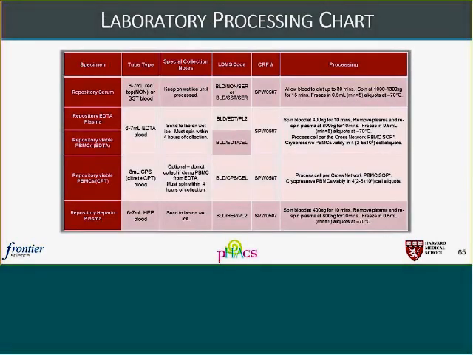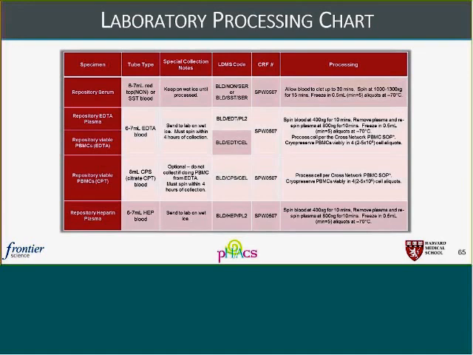The second major tool that we're going to be using is the lab data management system. This slide details all the different samples that will be collected as part of this protocol, and the information on it is also available in the lab processing chart. But the good thing is that you won't have to manually enter any of this information into the LDMS.